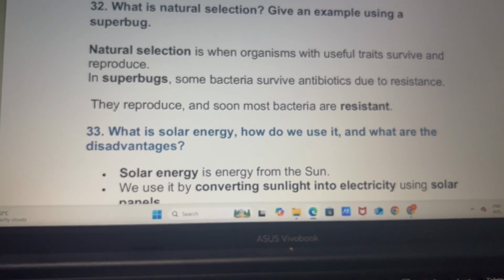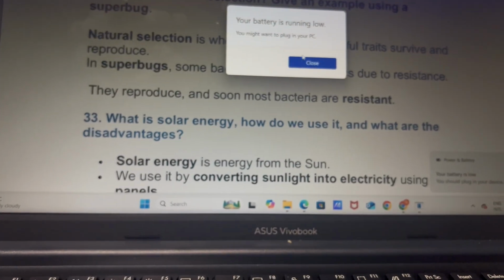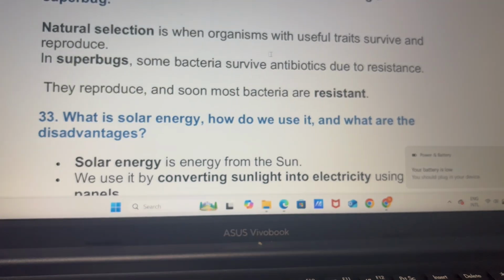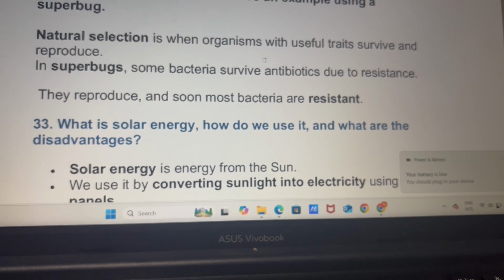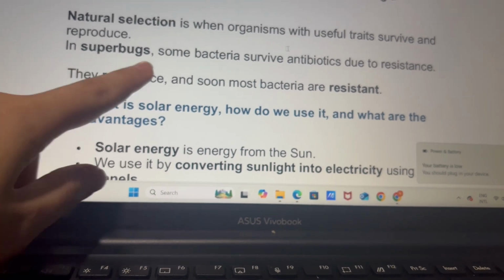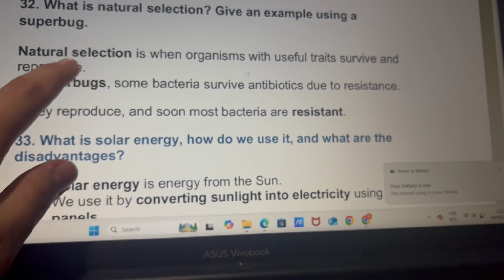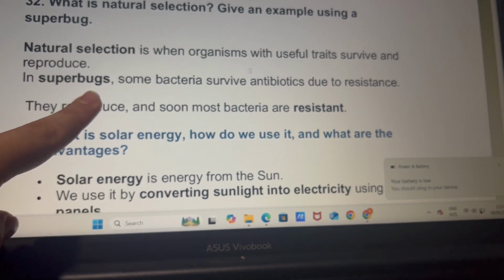Like, I have a headache, I just take an antibiotic, I'll be good. This is actually so bad because the bacteria learn how to resist the antibiotic and become a superbug. This is a natural selection example. You have to memorize that this is a natural selection example.